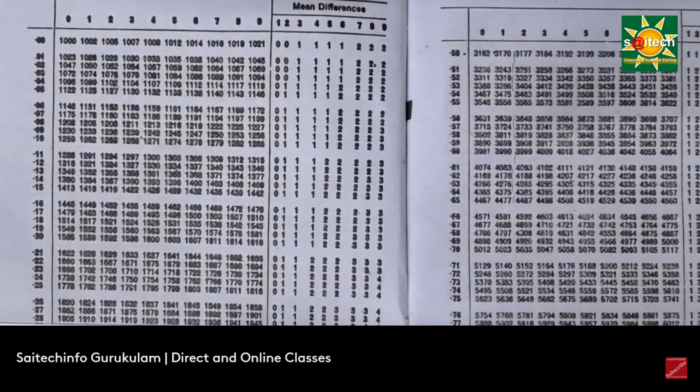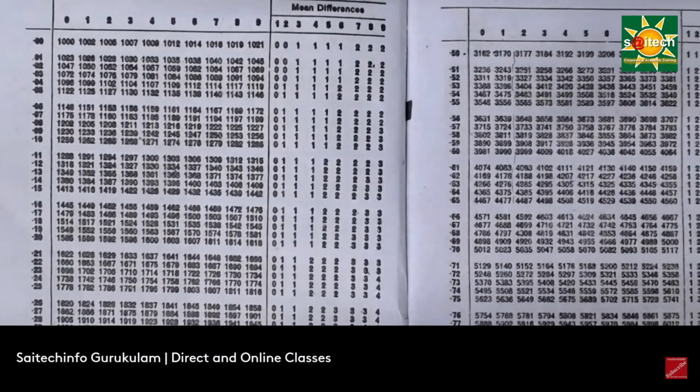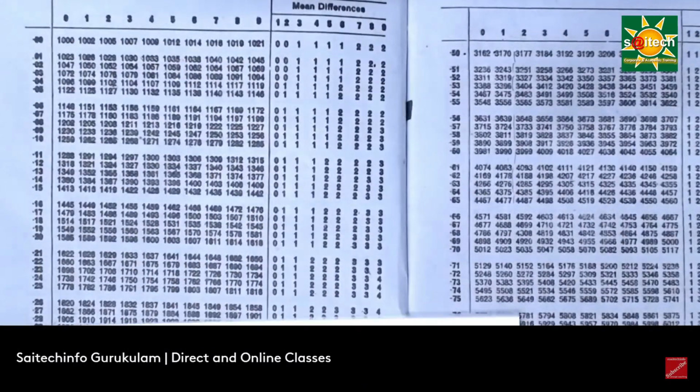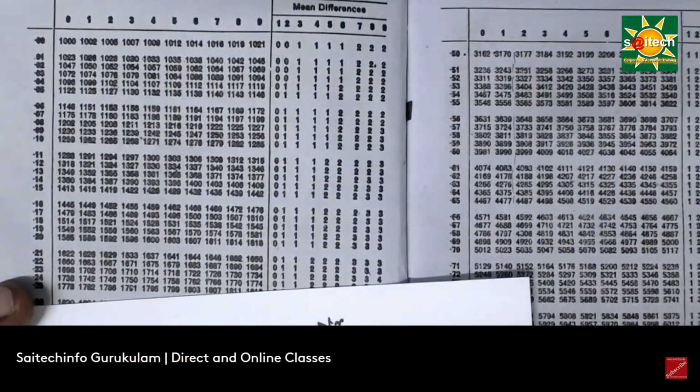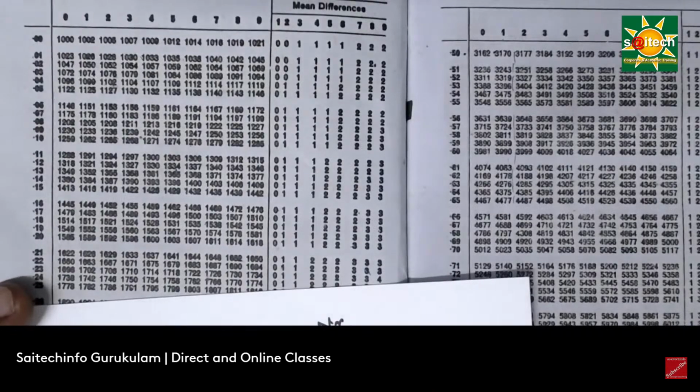Where is 6? 6 is here. 0.28, 6. You can use a scale. Okay. So 1932 and the difference is 4 for 9. So 1932 plus 4, 1936. Are you able to follow?